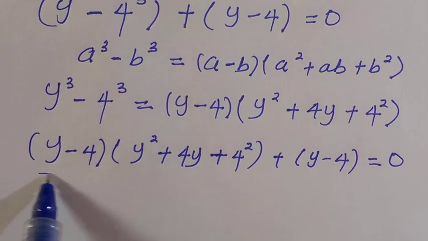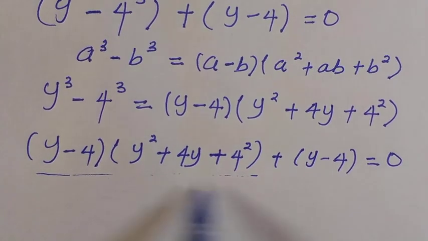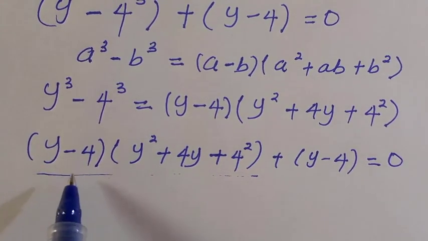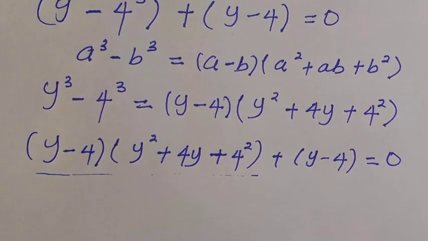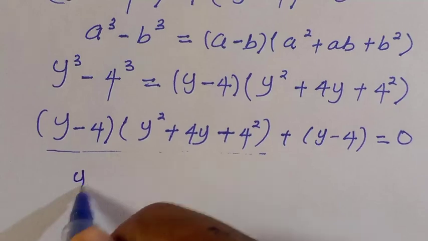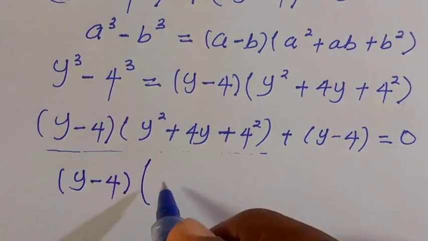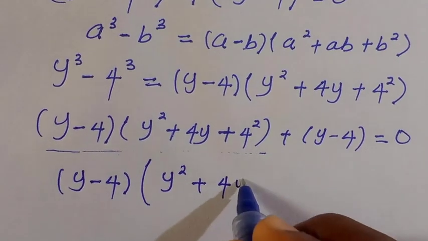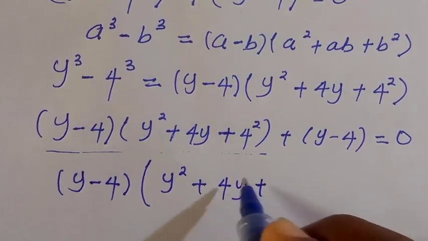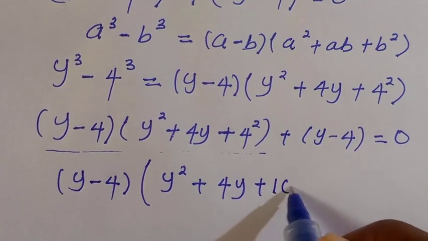So here are together and we still have this. Which means we have something that is common to them and it is y minus 4. By factoring out y minus 4, we have y minus 4 and here we are left with y squared plus 4y plus 4 squared, and 4 squared here is 16.